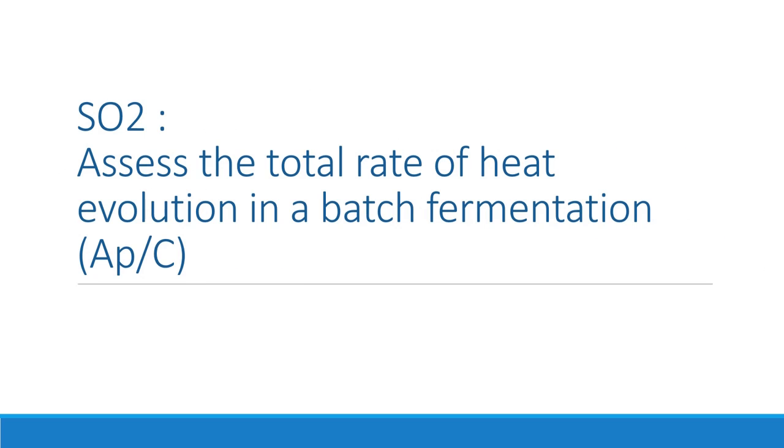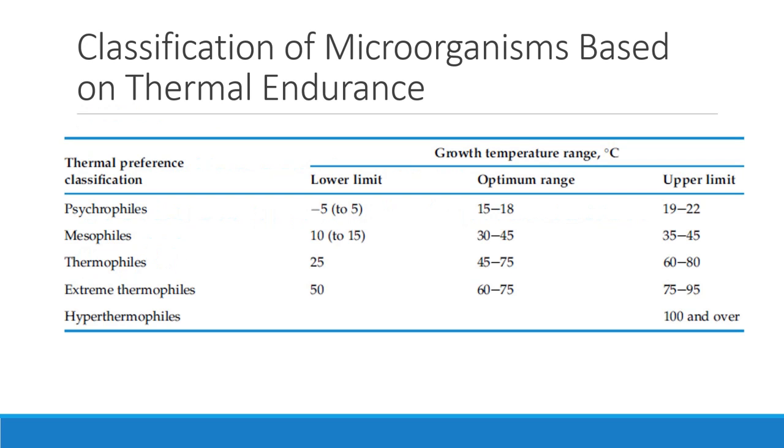In the second part of the session, we will be discussing in detail the total rate of heat evolution in a batch fermentation. On the basis of thermal endurance, microorganisms have been broadly classified into five major types. First, psychrophiles have an ability to survive at lower temperatures down to -5 °C with an upper limit of 22 degrees Celsius.